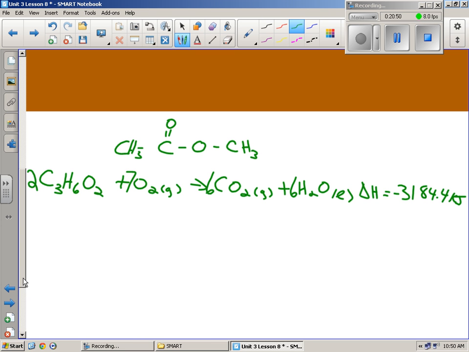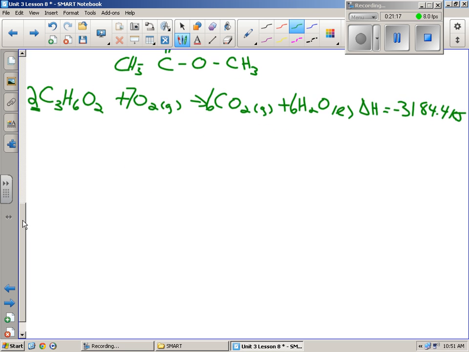Remember, it's 1592.2 kilojoules of energy released per mole that I burn. It says I'm burning 2 moles, so I double it. That's why I'm doubling that one there. Now, if you balanced it based on 1, then you wouldn't have to double that. That'll save you a little bit of time, but it also gives you fractions, and some people don't like that.